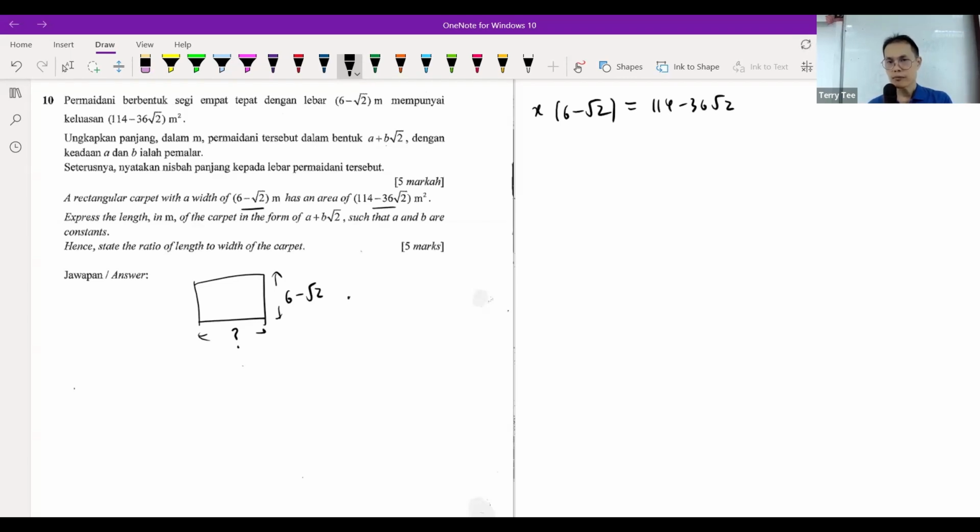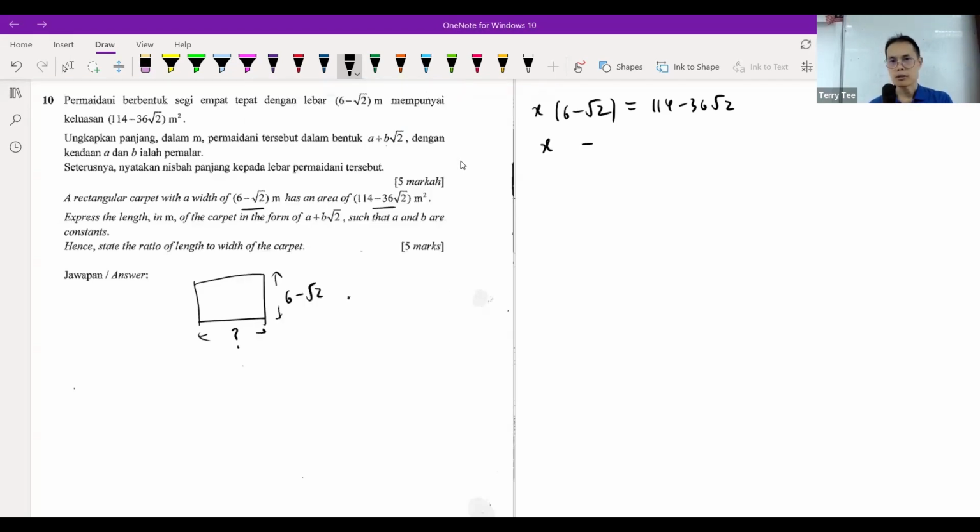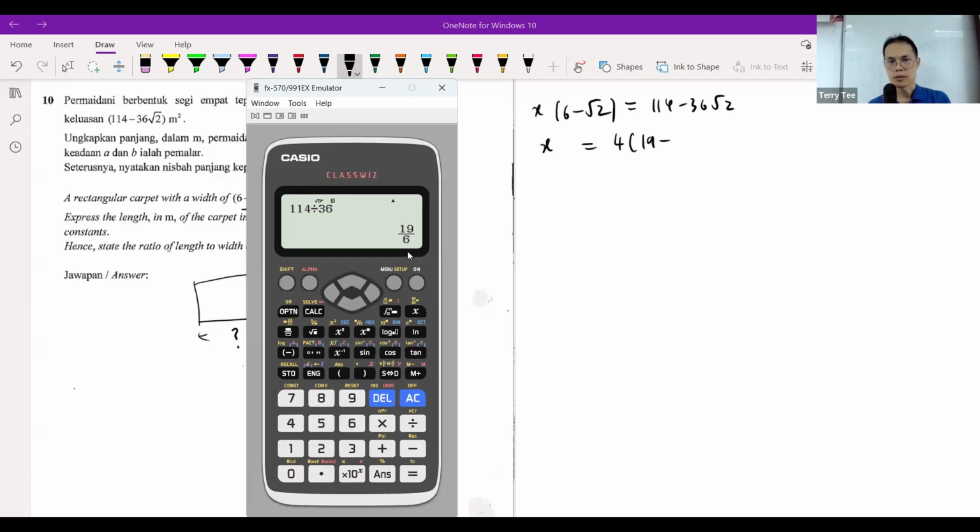So 114 and 36, you can actually simplify it, as in you can divide by 4 to get 19 and 6. So I can make the number smaller, right? Maybe I just take out 4, 19 minus, it's actually 19 and 6, right?